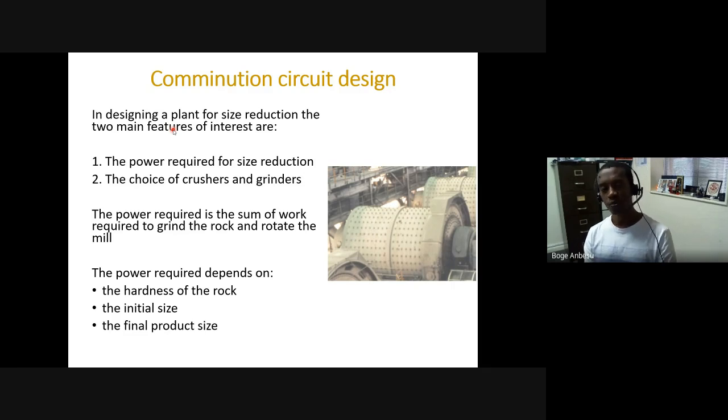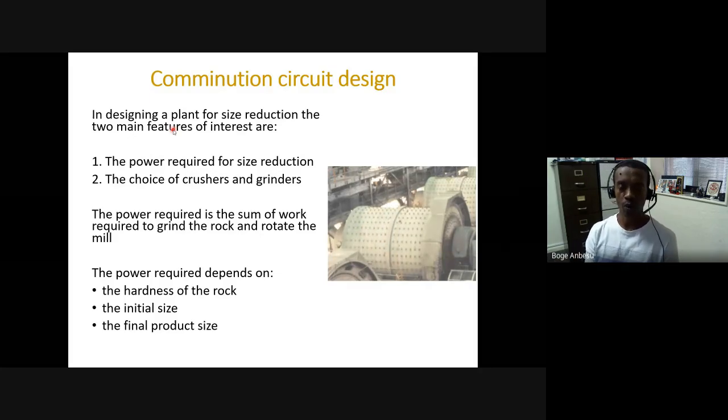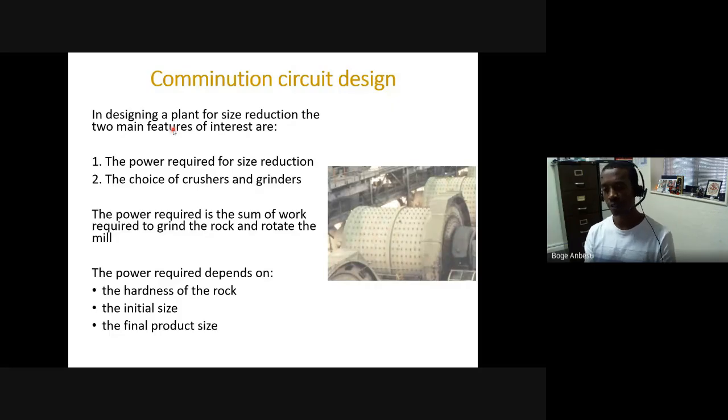So when you design your flow sheet for comminution, the key considerations will be how much power am I going to spend, and therefore, based on that, what is the nature of the ore? And so what am I going to select? Which mills are more appropriate for my material?